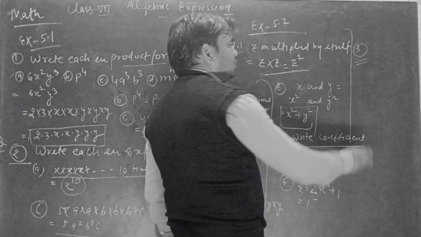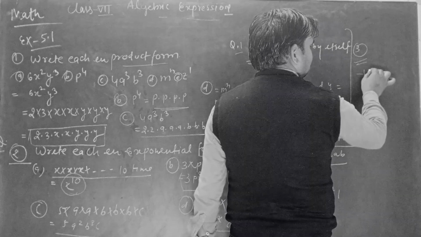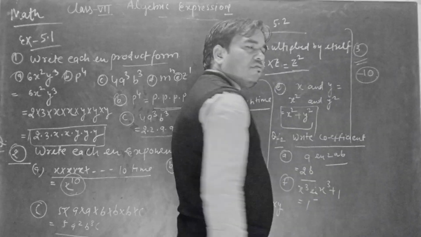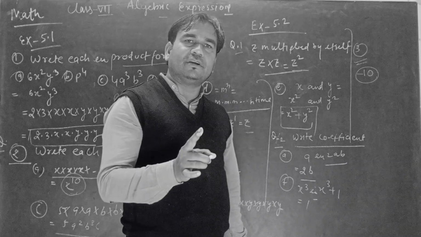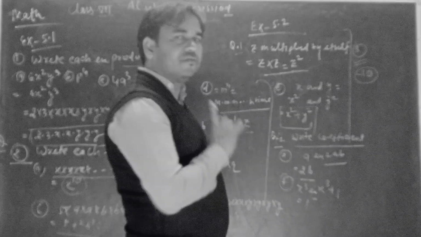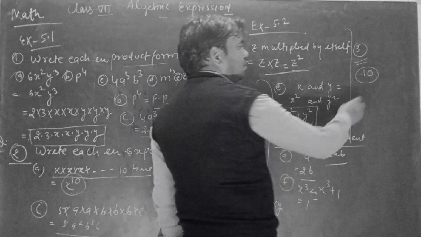That means this is minus 10. Here you see only one part, whether it is a variable or a coefficient. Only one part is given. So this is called a monomial.